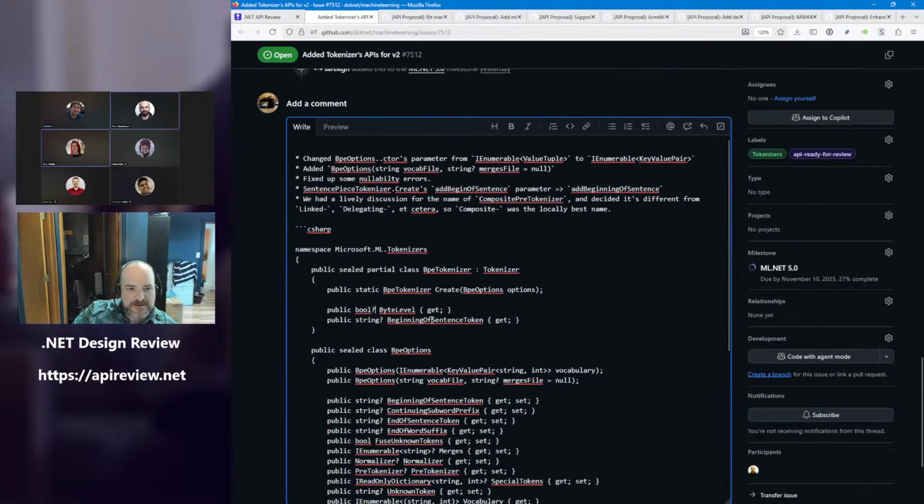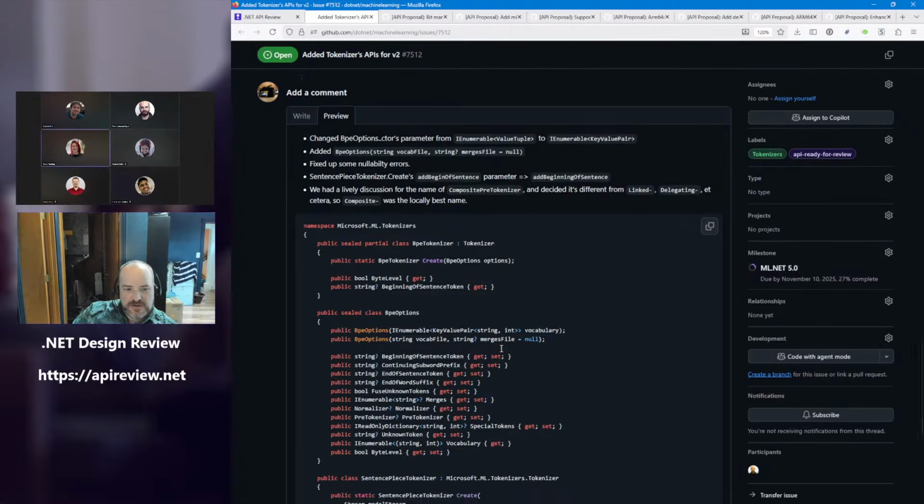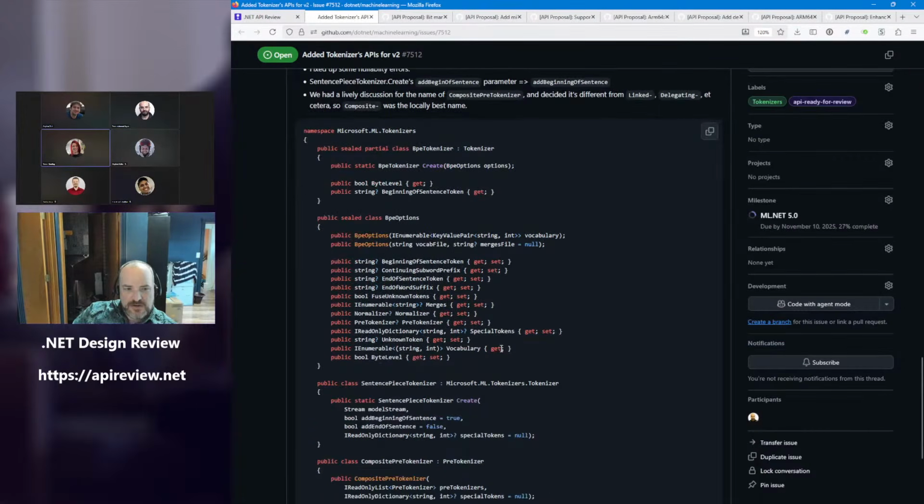Okay. Did you say we changed the constructor to be key value pair, or we changed the property to be key value pair? We changed the constructor to be key value pair because the property already is. Okay, and because in what you pasted there, it's got a tuple for the property. Oh, okay. Where? The IEnumerable of string, int vocabulary, right where your cursor is.